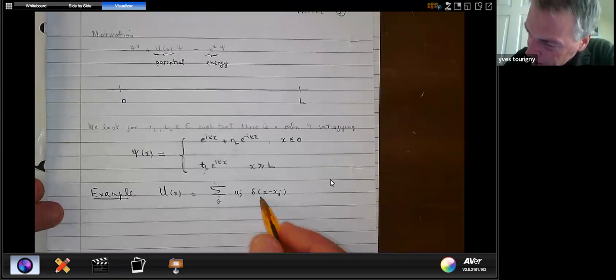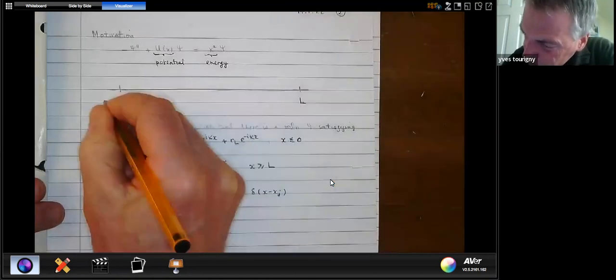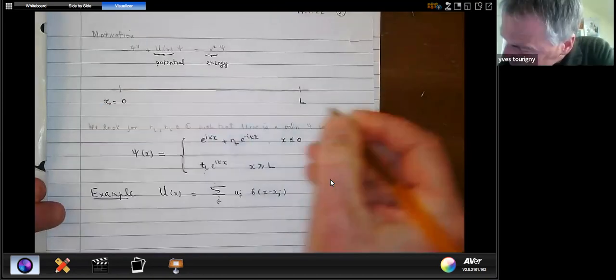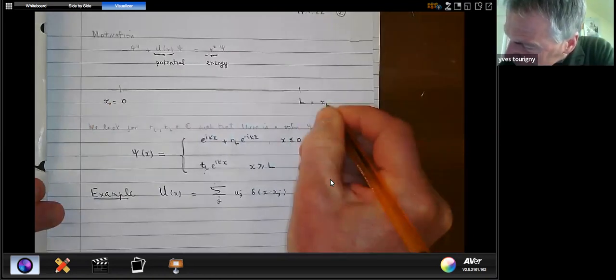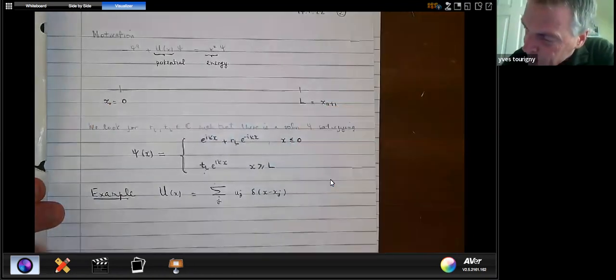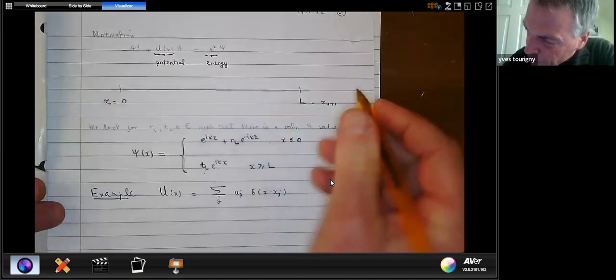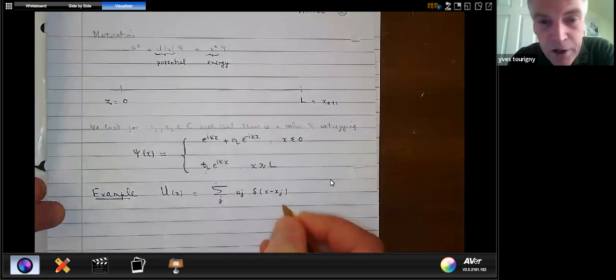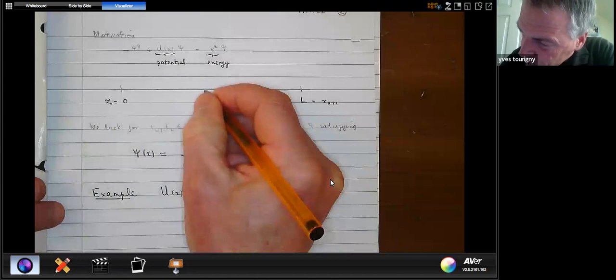So if I make that to be x_0, and that I'll make that to be x_{n+1}, we imagine that there are impurities in the sample at the location x_j. So let's put it here.